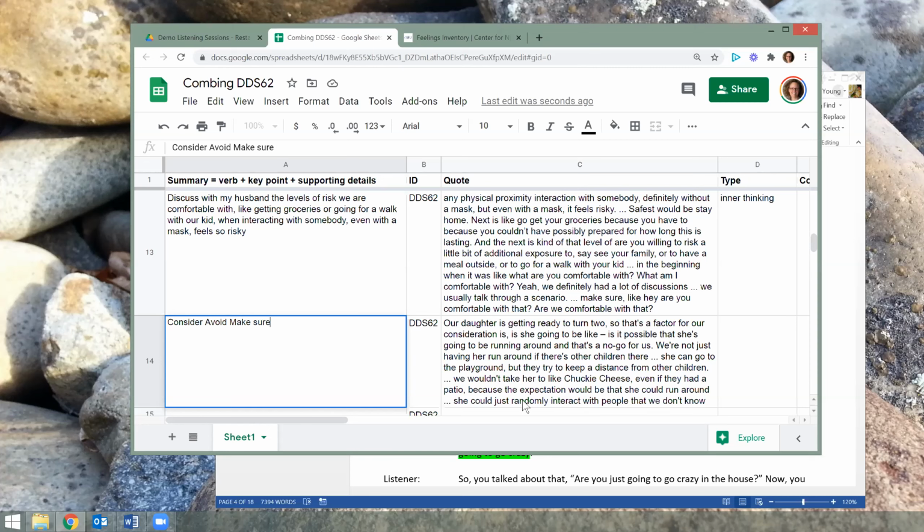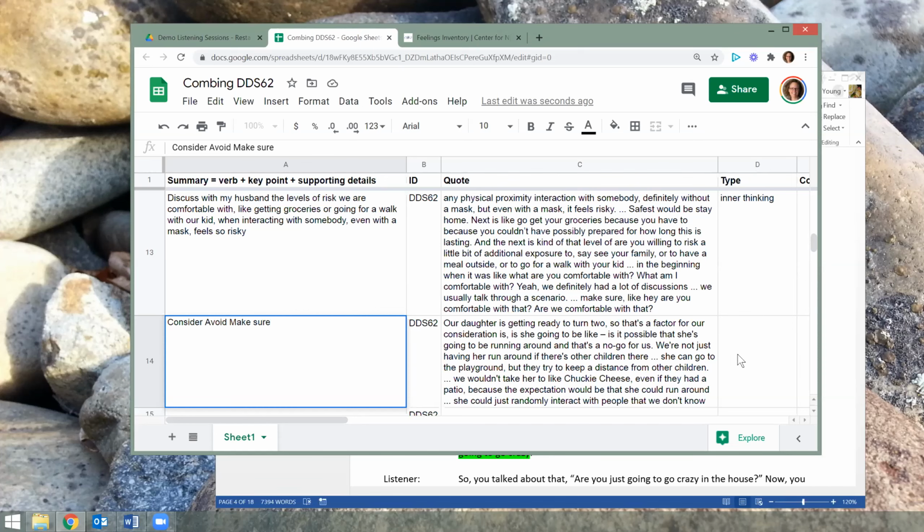We're avoiding the random interaction. That's what we're avoiding. We're considering our daughter, or the expectation. And we're also making sure, what are we making sure of? That we keep a distance from other children.